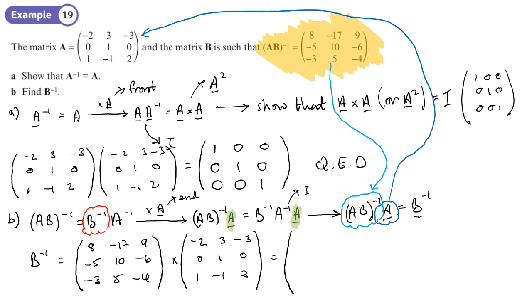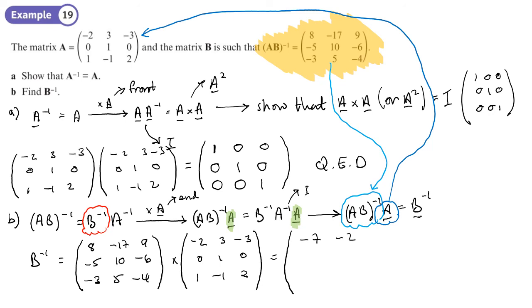Starting with first row, first column, we're going to have negative 16. There's nothing there. So negative 16 plus 9 is going to be negative 7. Top row, second column: we're going to have 24 minus 17 minus 9, and that's going to give us negative 2.